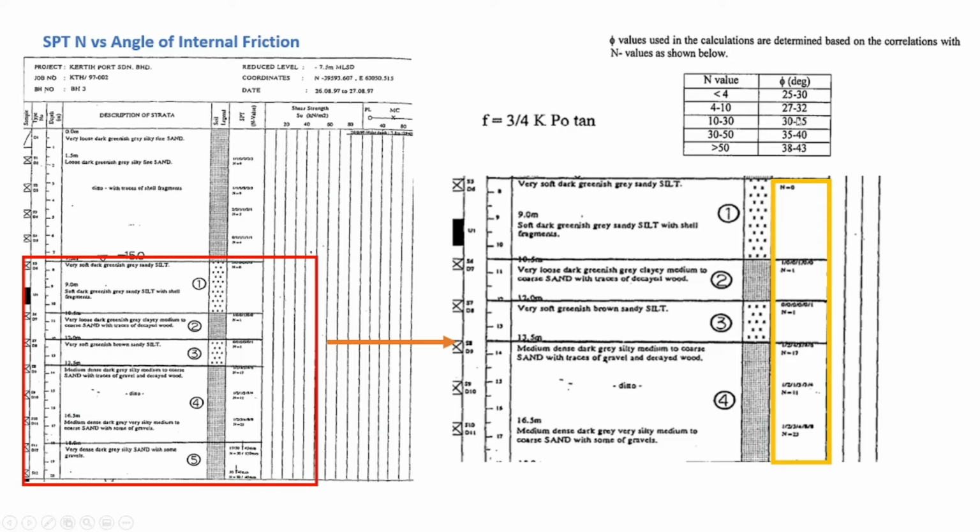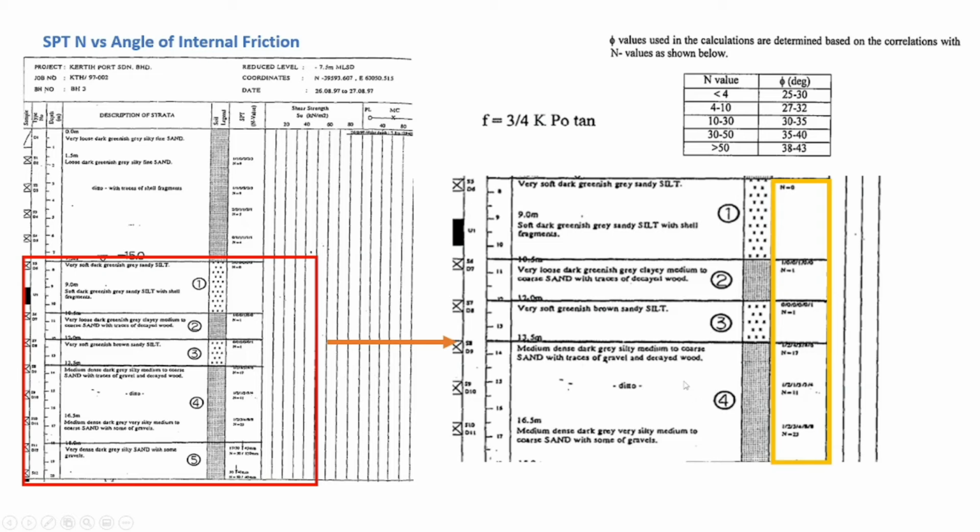The N values are obtained from the borelog data gathered from the soil investigation, as shown in the column indicated here as SPT N values, and the more detailed description of the soils is shown here.